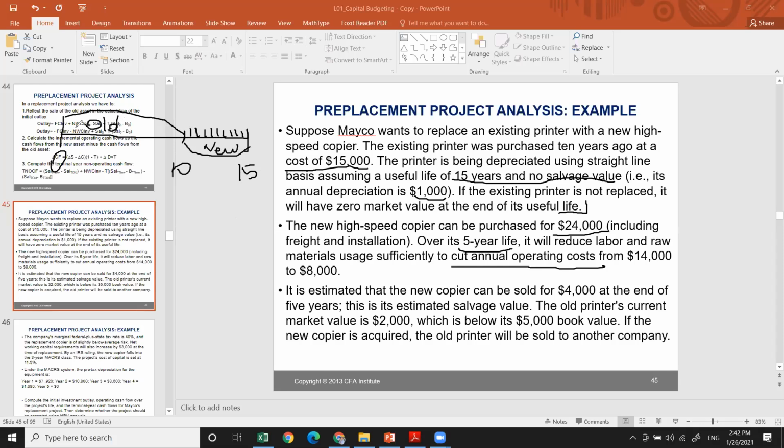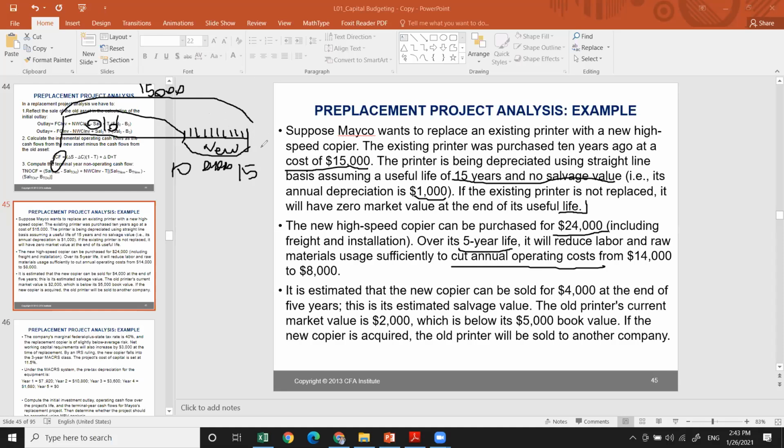We know that if it was old, it was 15 years and 15,000, which means each year 1,000. But this is 24,000. So for the remaining 5 years, the depreciation will be 1,000 each, maybe 5,000 total.